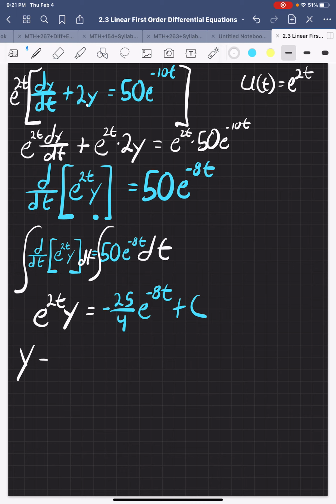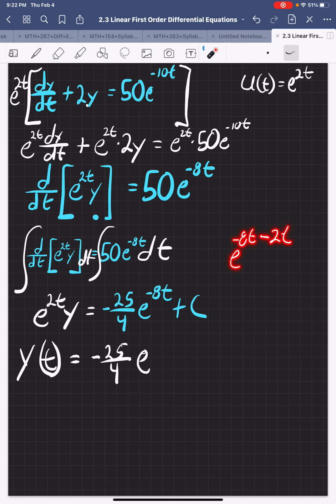So y, and this is of course y of t, is equal to negative 25 over 4 e to the, well, if you divide by e to the 2t here, it's going to be e to the negative 8t minus 2t, which is e to the negative 10t, plus c e to the negative 2t.